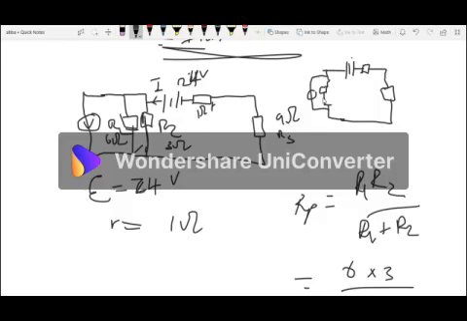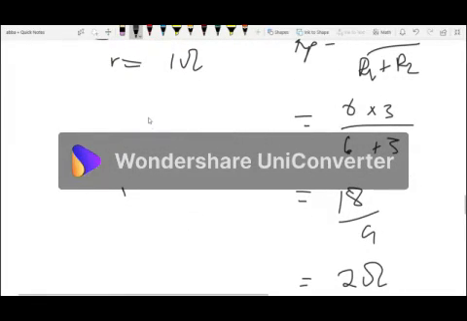So now the 6 ohm compared to 2 ohm previously, this increase in resistance results in an increase in voltage across this path, right? Remember, V equals IR, right? Now I equals V over R, right?